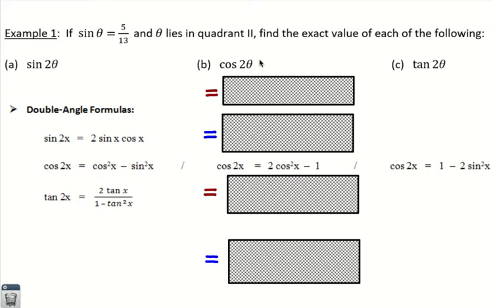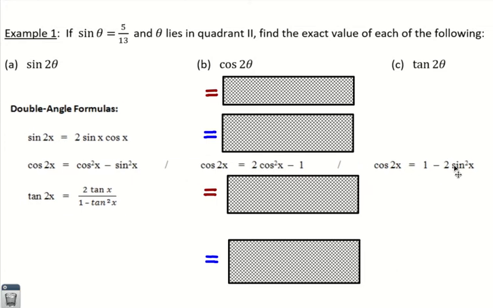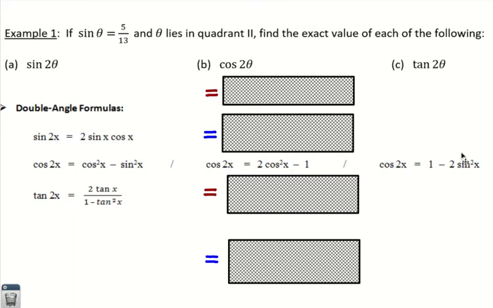Theta is like our x, it doesn't matter. So cosine squared of the angle minus sine squared of the angle, or this is also equivalent, over here, 1 minus 2 sine squared of x.